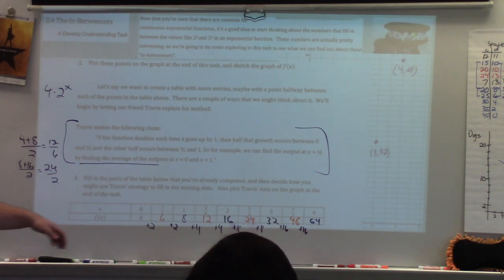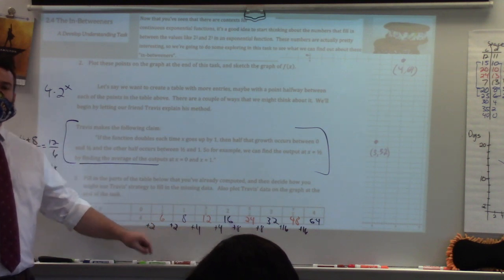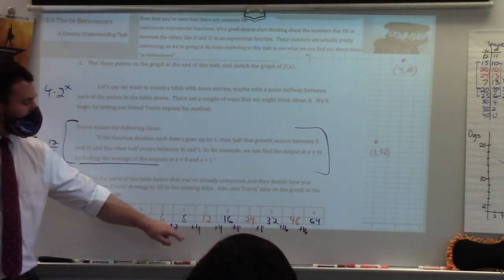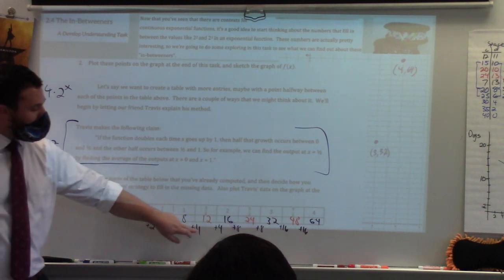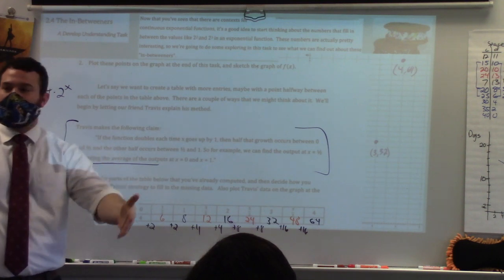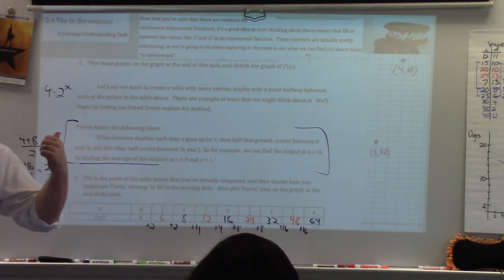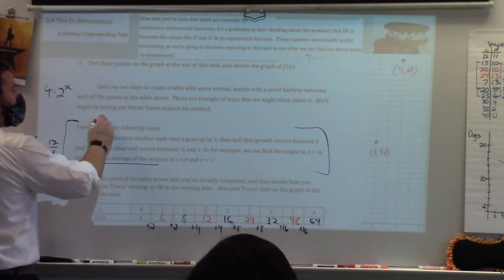Are these factors? No. What type of function would have an additive rate of change? Linear.